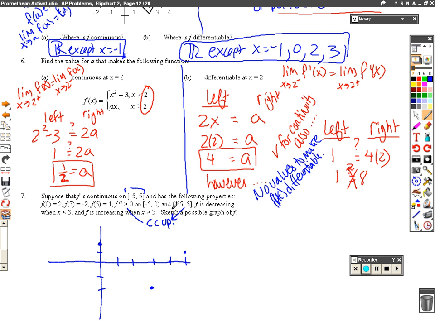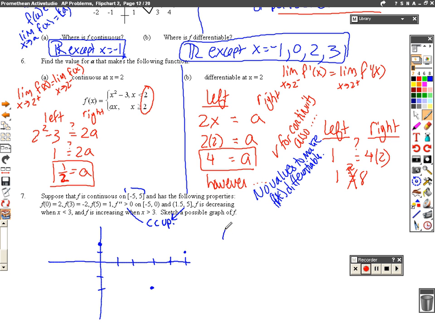Okay, sketch a possible graph. We want to draw something that's concave up and decreasing. We want to draw something that's concave up and decreasing from negative 5 to 0.